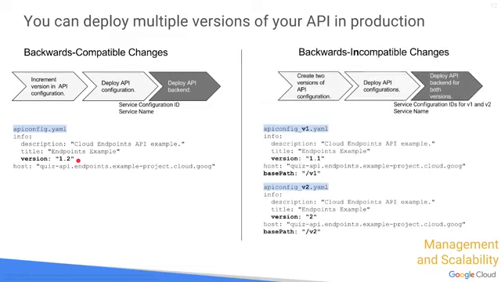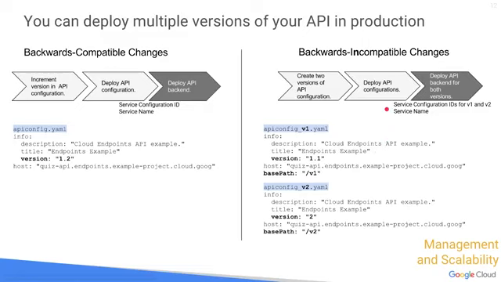If you make changes that are not backwards compatible and will break consumers of your API, deploy two versions of your Cloud Endpoints API by creating a separate API configuration for each version. The gcloud service management deploy command will return a different service configuration ID for each version.